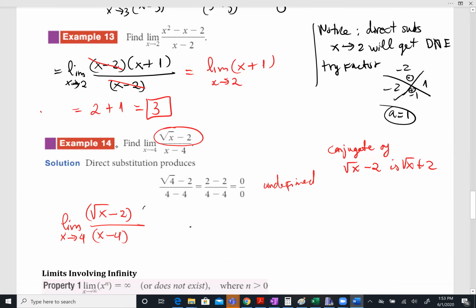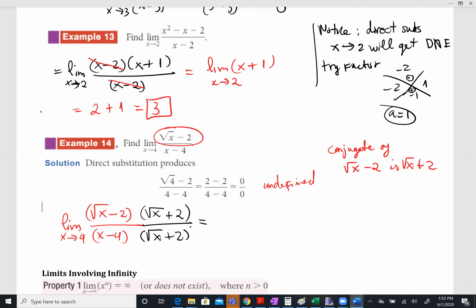You multiply the top by the conjugate of square root x minus 2, so that's square root x plus 2, and you multiply the same thing for the bottom, which is square root x plus 2.